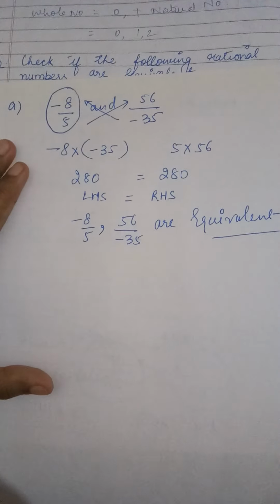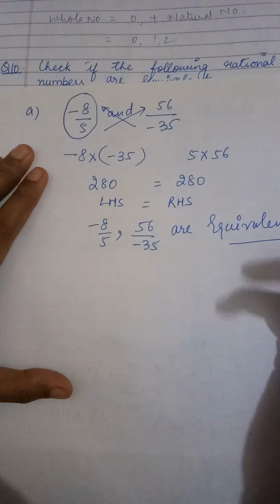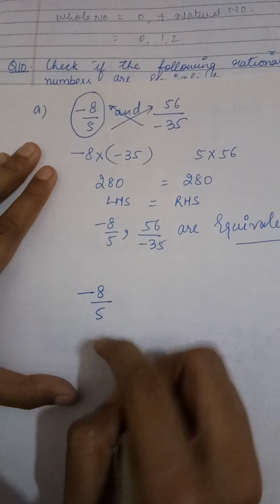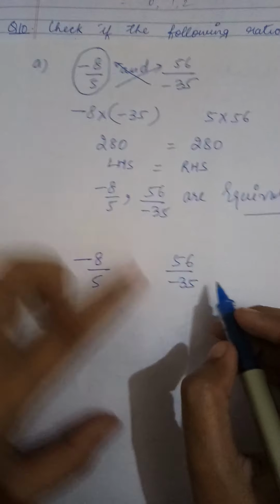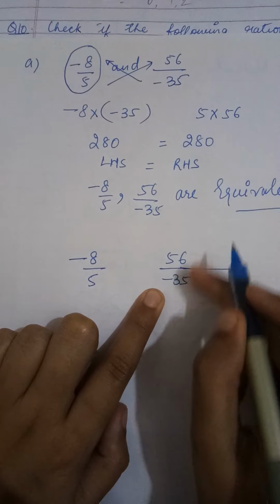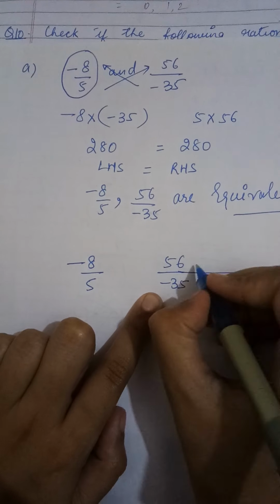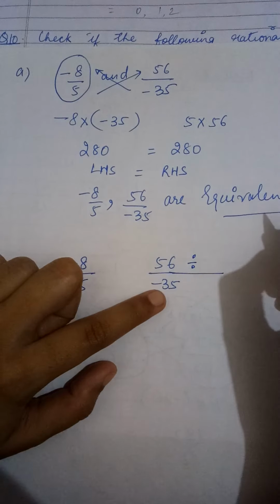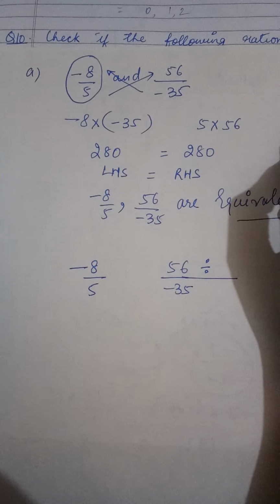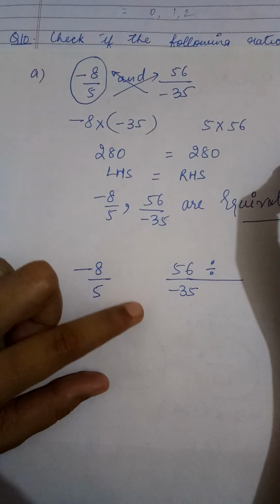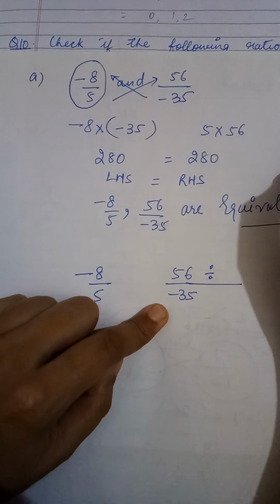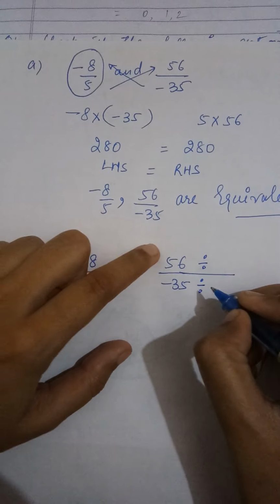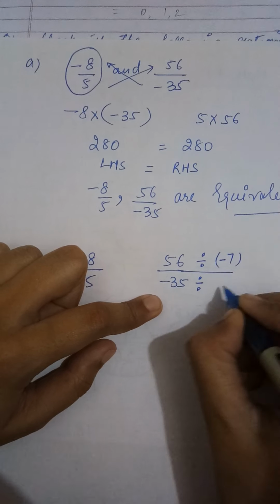If you don't want to use this method, or if you want to do the first method, how will you do it? Minus 8 upon 5 is there, and here it is 56 upon minus 35. Just see what is the HCF of 56 and 35. HCF means the highest common factor, and here the highest common factor is 7. But in the denominator a minus sign is there, so I am going to divide numerator and denominator by minus 7.